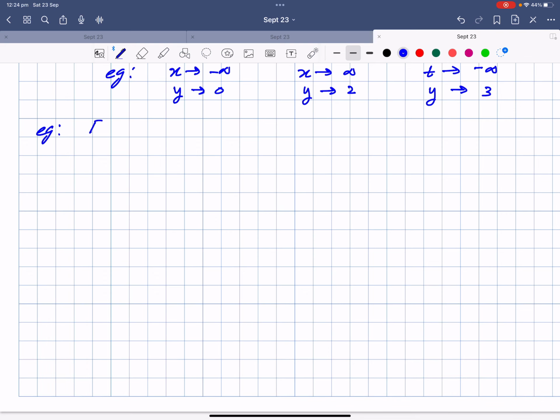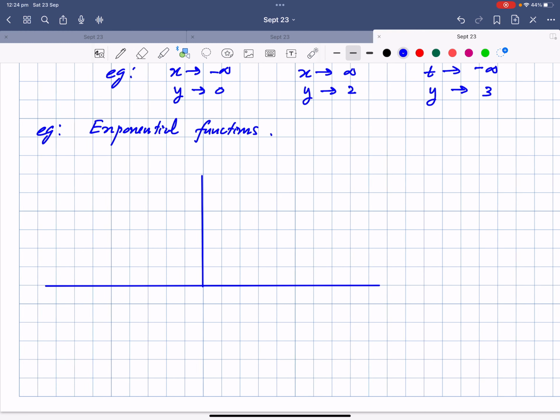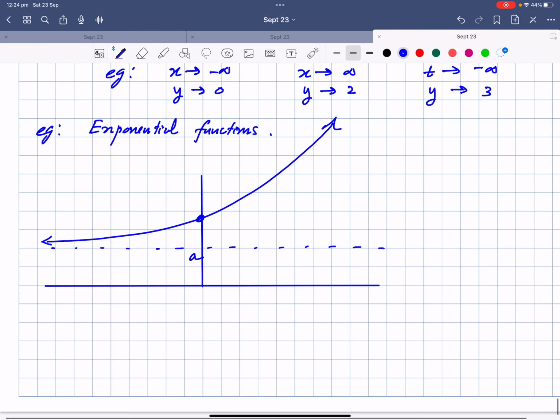Think about exponential functions. So I will give you an exponential function here. This is a, and it looks like this, right? So this is y is equal to, I would say, 2^x plus a, something like that.